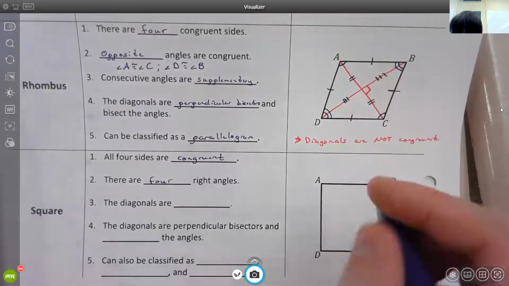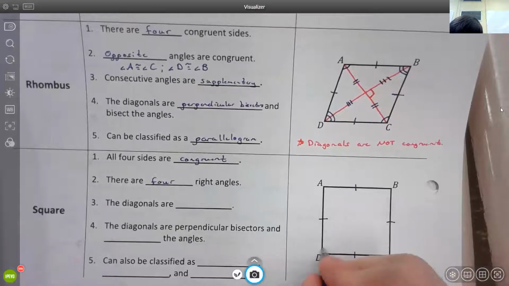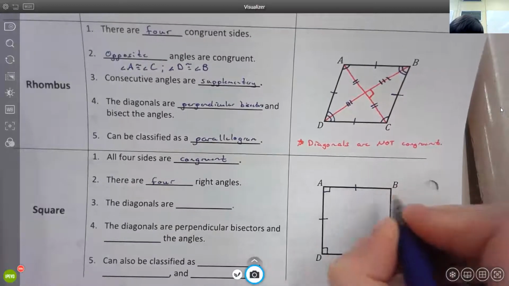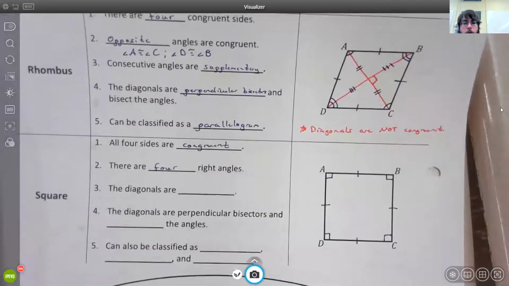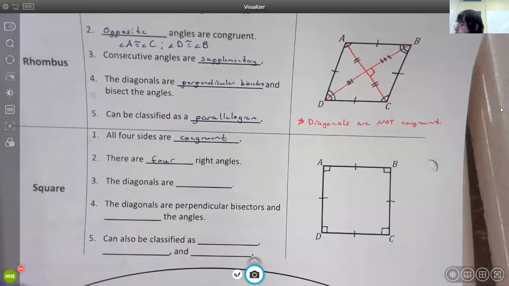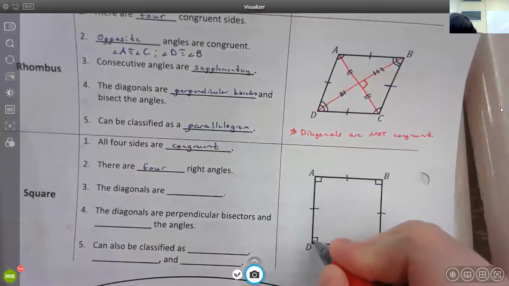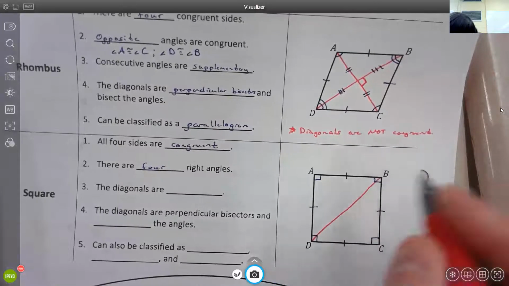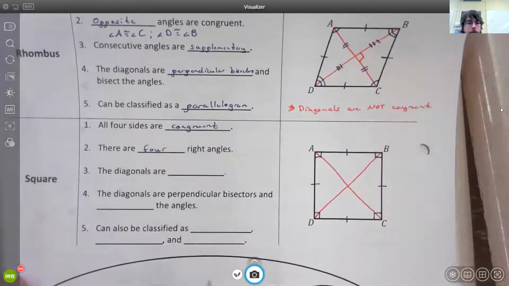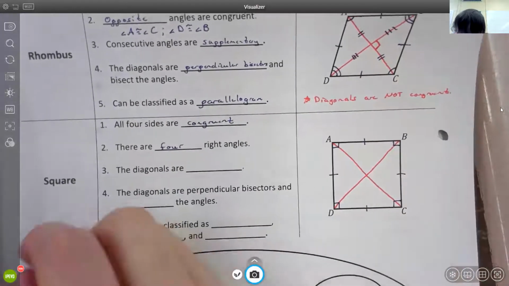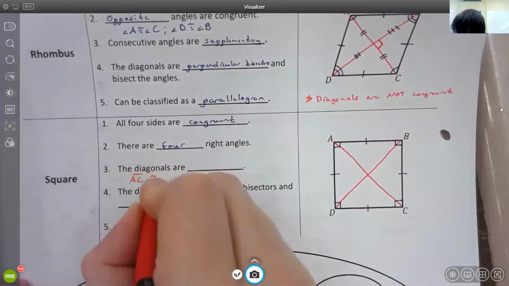So all 4 angles are right angles. Additionally, our diagonals here, and again, I'm going to try and draw this as straight as I can. That one wasn't too bad. The diagonals are congruent, so that means AC is congruent to BD.